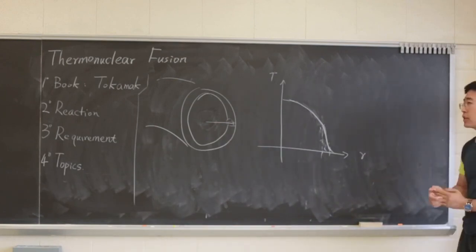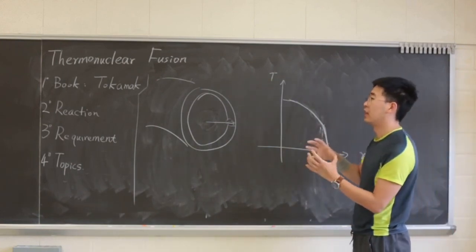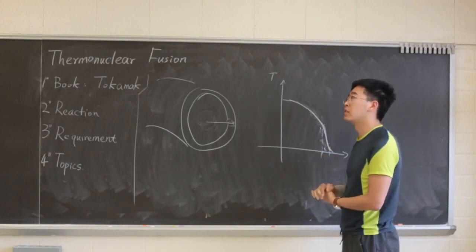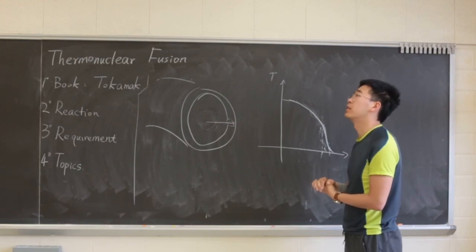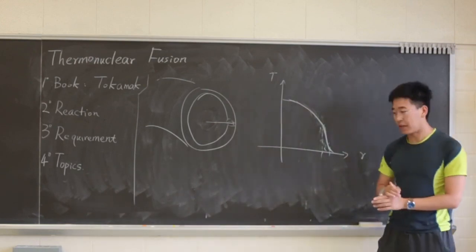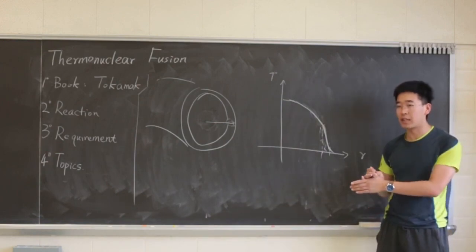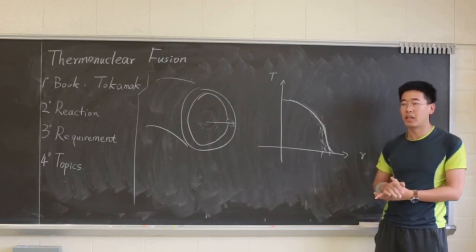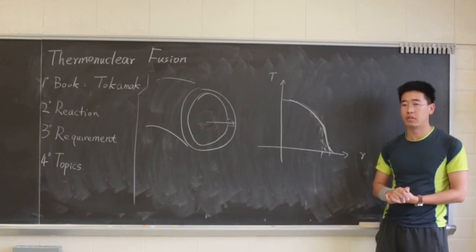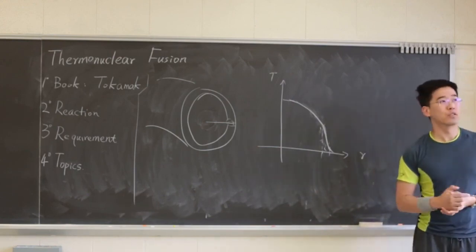And also, it's not as simple as, oh, we just confine it and let it sit like that. It's more complicated because it has a tremendous amount of nonlinearity. That's why I feel frustrated that for most of the things we cannot calculate analytically. We can only leave it to computers.